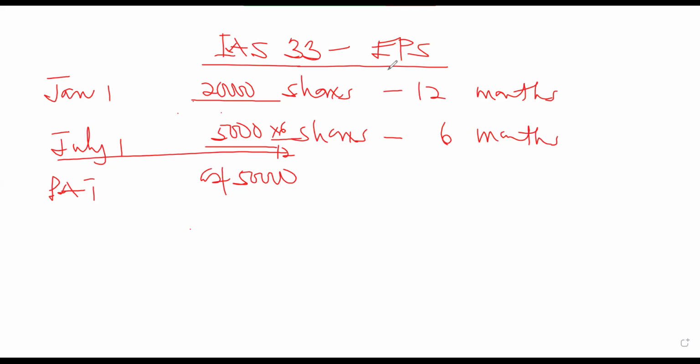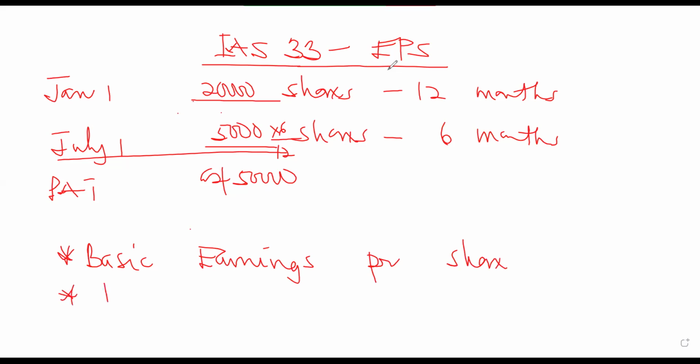The standard gives two types of calculation under IAS 33. We are going to be looking at what we call the basic earnings per share. The focus will be on the basic earnings per share because that is where most of the problems are.